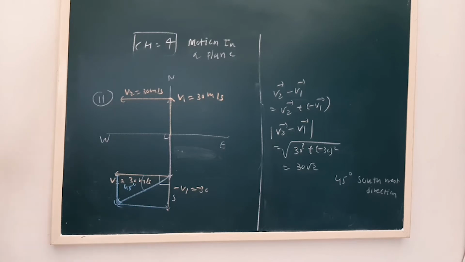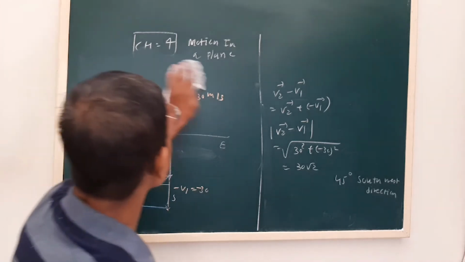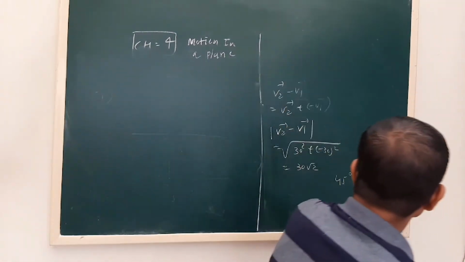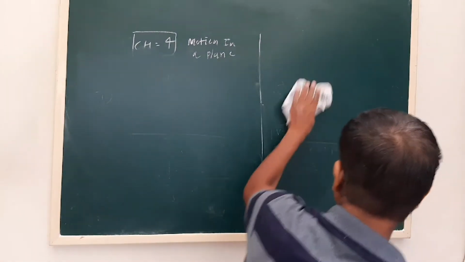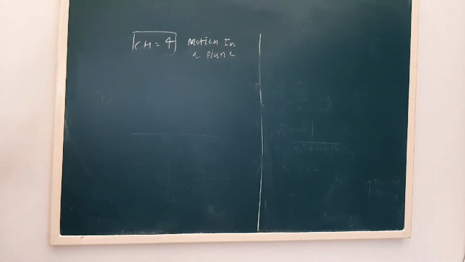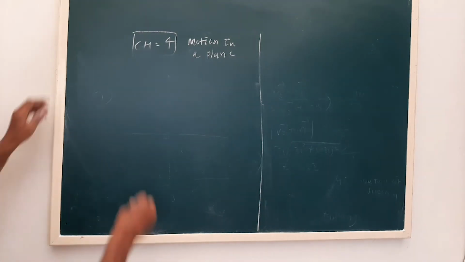Now see our next MCQ. The linear speed of the tip of the second arm of a clock is v.